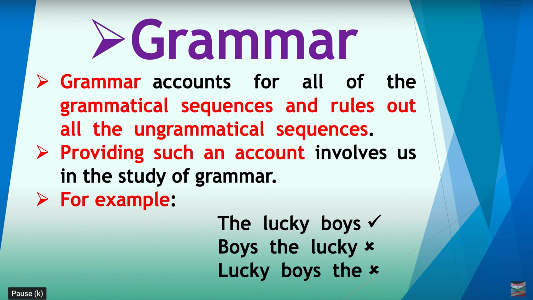Basically, what is language? Language is a system of patterns. We follow certain patterns in the language. So grammar is all about correct sequences of those patterns and rejects incorrect sequences of those patterns. That is the meaning of this point.